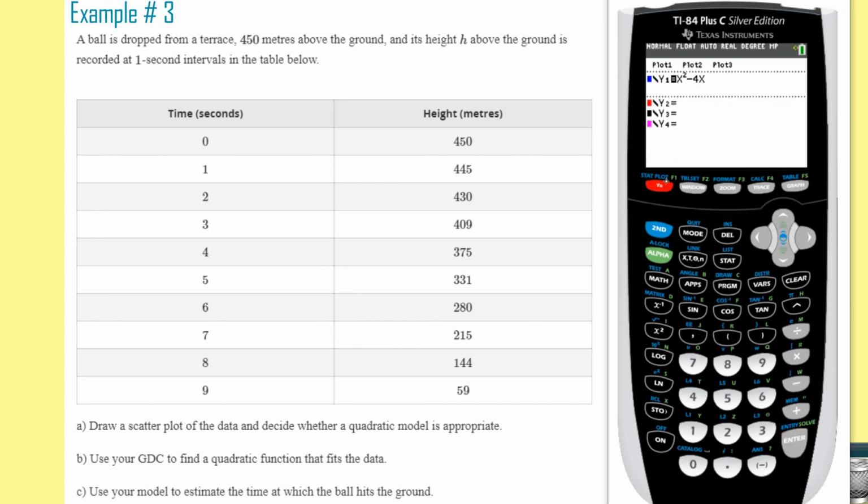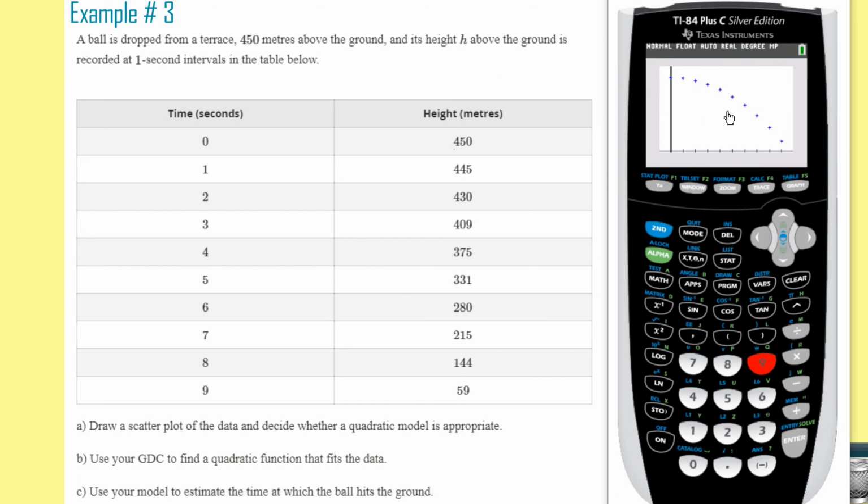So now I'm going to clear my equations and turn on my stat plots. So turn that one on, go down, turn on your scatter plot. List 1 was my x's, because that list 1 has to be my time. List 2 was my height, so that represents my y value. So then I'm going to do zoom number 9, stat plot, zoom stat, so I can see it.